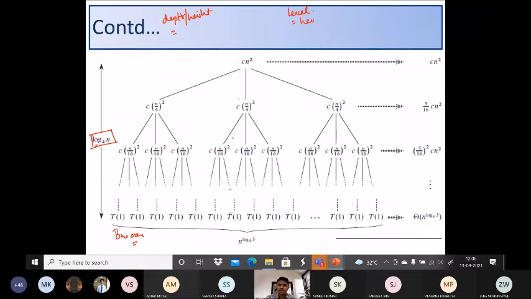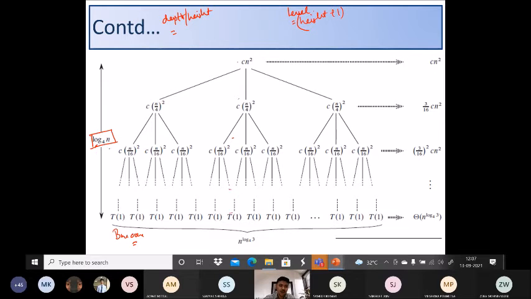You may not understand this thing, just forget about it for now. Always remember level is 1 greater than the height, because level will start from 0, so it should be plus 1.